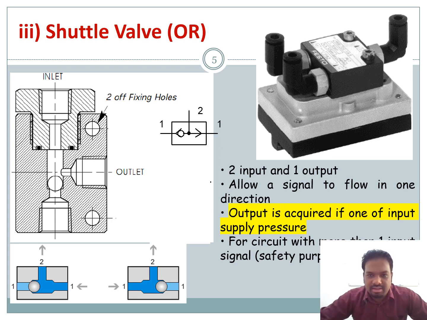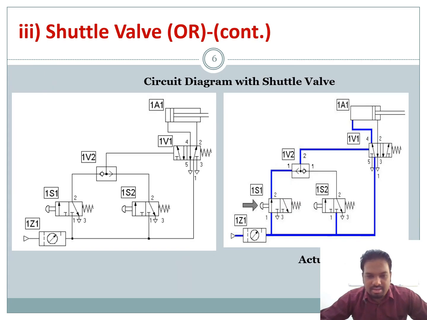So this is the picture. We are using the system from Festo, so Festo's shuttle valve will look like this. This is the pneumatic circuit diagram that you can develop using FluidSIM. From the start, you have your compressor and also the FRL, so the air is entering.